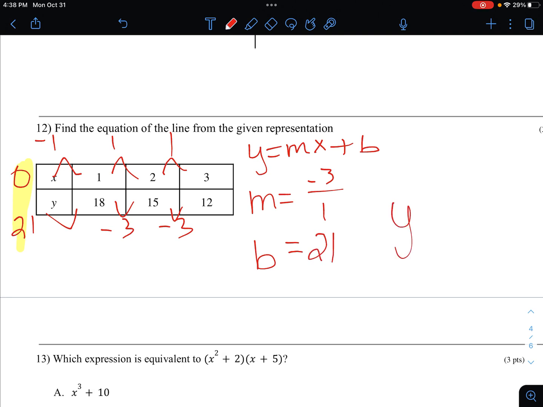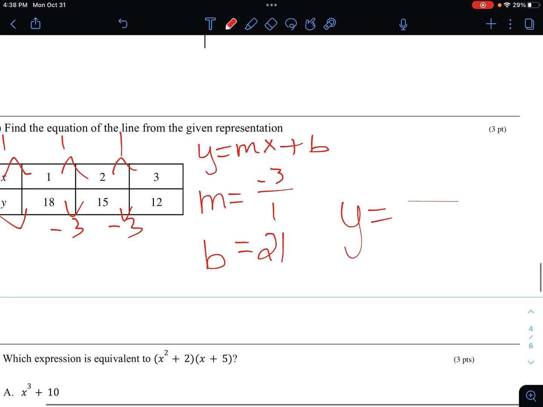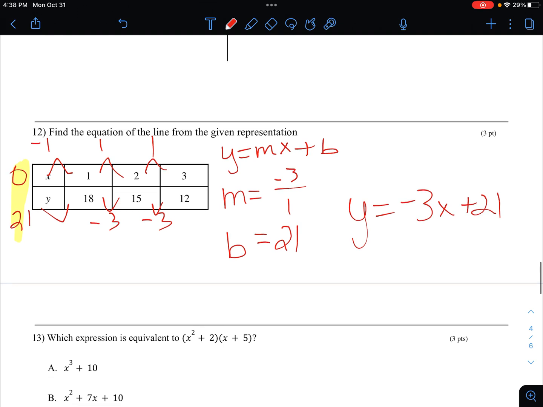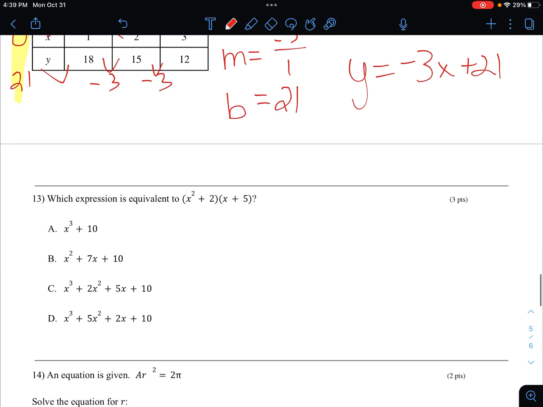So I get y equals negative 3x plus 21. So that's how that works. First thing you need to do, find your slope, figure out what the pattern is in your table. Second step, work backwards. If 0 is not given to you, you have to work backwards to 0.